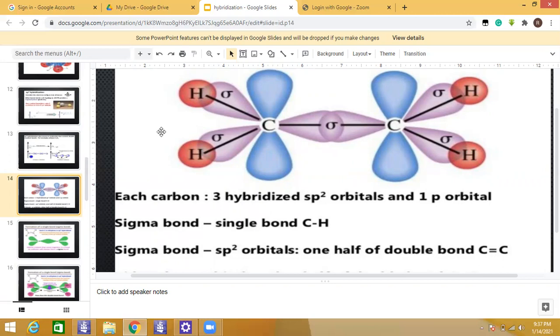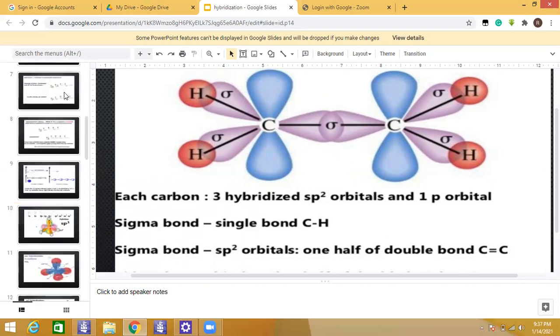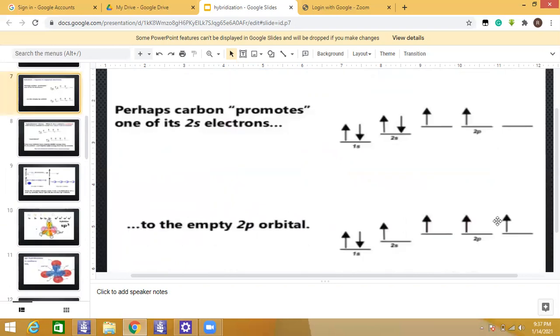We have discussed that in the ground state, carbon is 1s2, 2s2, 2px1 and 2py1. 2pz remains vacant, and then when one of the electrons from the s orbital is promoted to the pz orbital, in the excited state the situation is again like we discussed earlier.